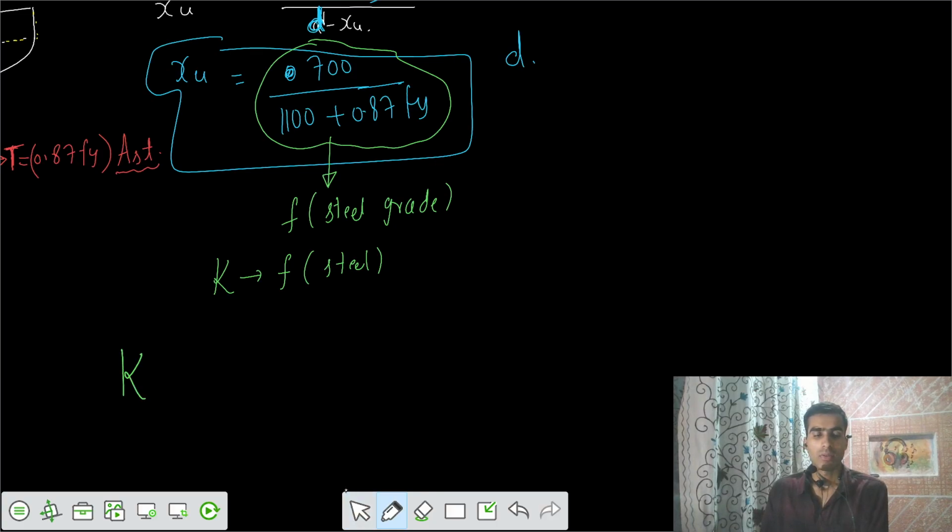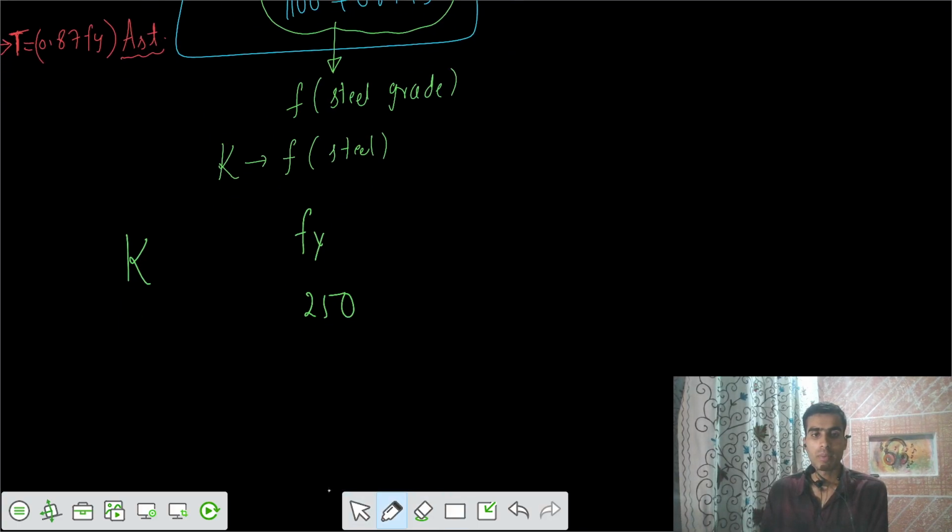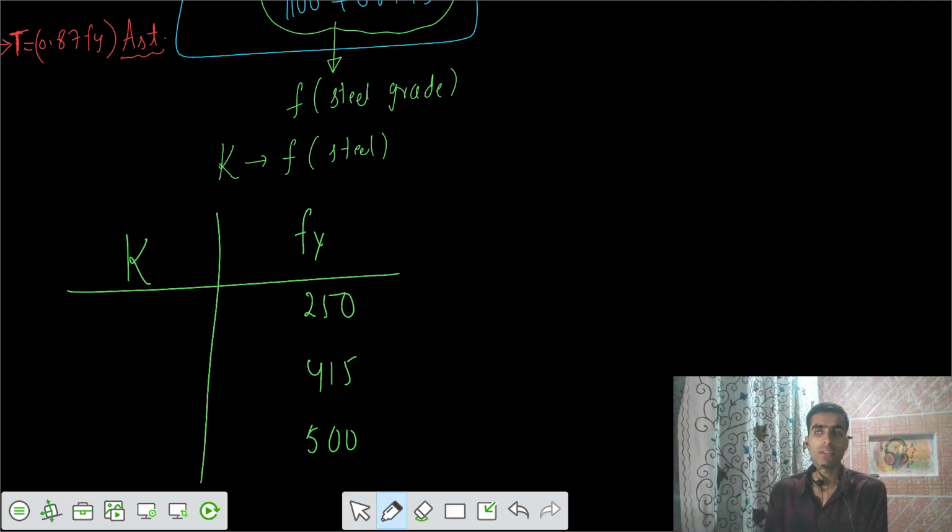Let's say I want to get the value of k corresponding to Fy of 250 megapascal, one more is 415 megapascal, and the third one is 500 megapascal. If your yield strength is 250, that is mild steel, and 415 and 500 are your HYSD bars.